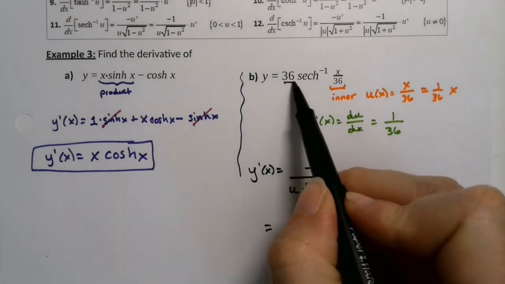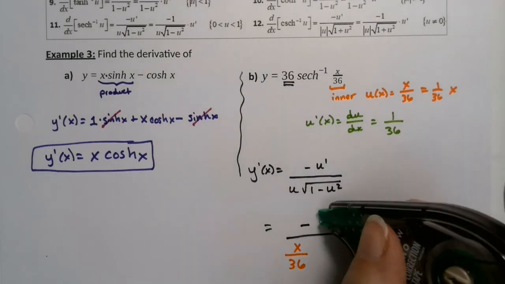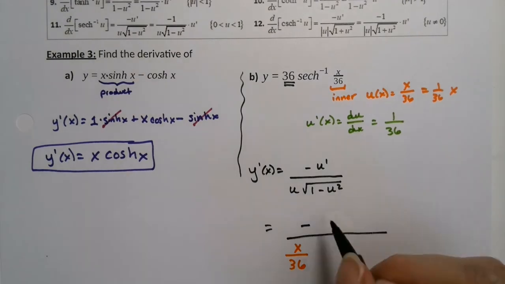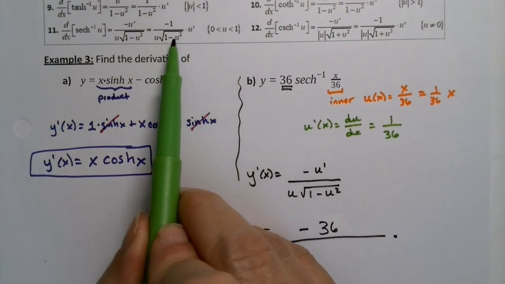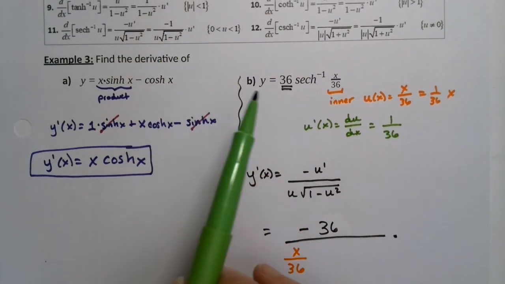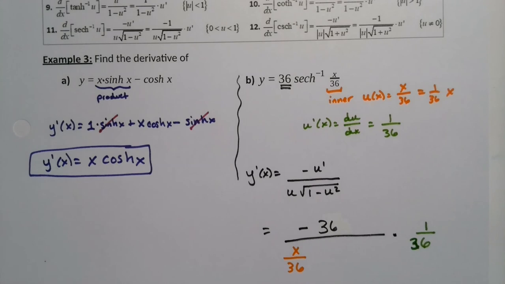Oh, I forgot the 36 in front of the whole thing. Rats. Here's what we'll do. We'll do negative 36 times, and then I'm just going to put a u prime down here. I'm going to use the second version right here. So instead of 1 for us, it's 36 because there was a 36 in the whole problem. And then I'm going to multiply by 1 over 36 at the back end here, just to make sure everybody's really clear on that one.